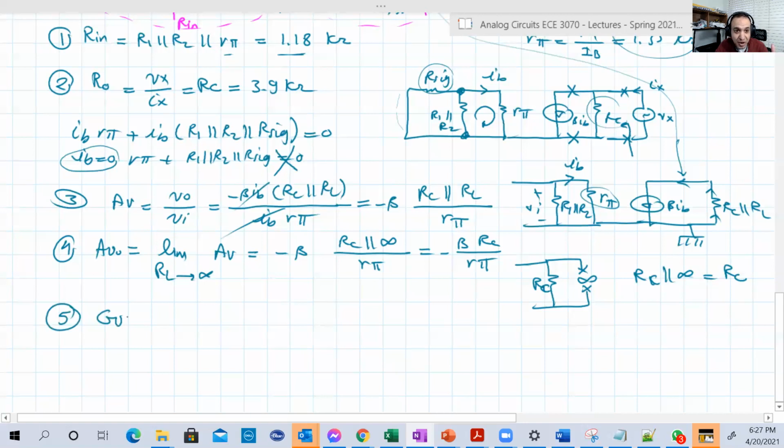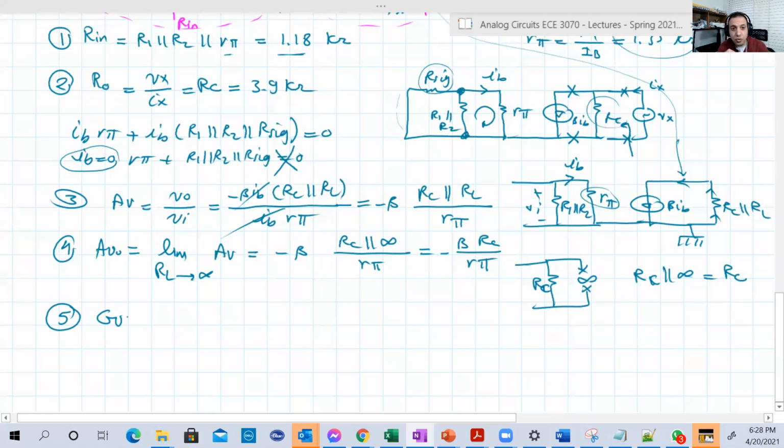Okay, I teach you 3 ways now. The first way is to find AV from the circuit after removing RL. Then AV naught, remove RL and find VO over V input. Then add RL again, bring it back, and find VO over V input after adding RL. This is one way.